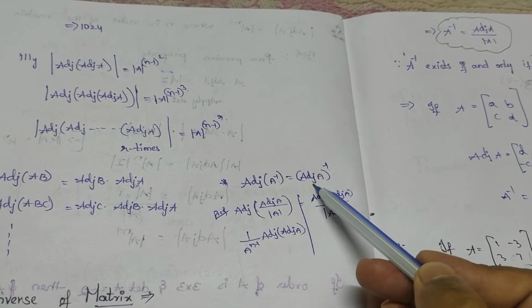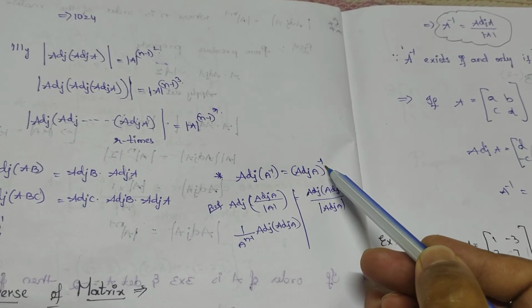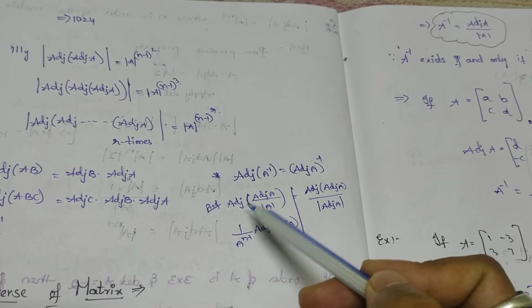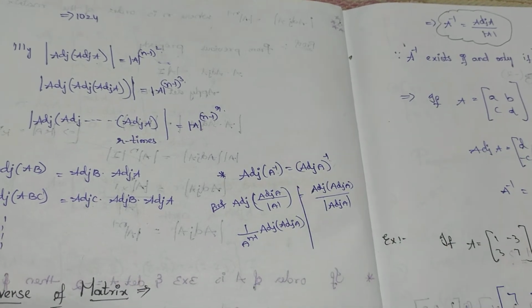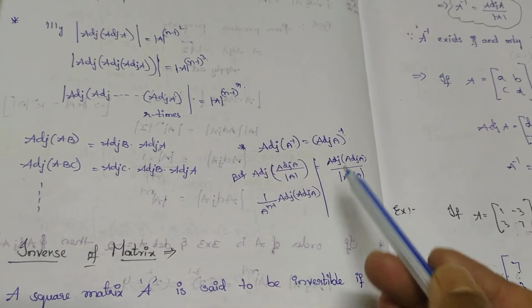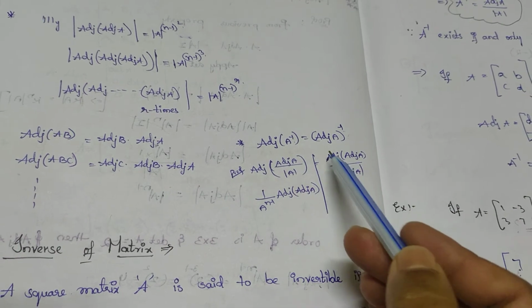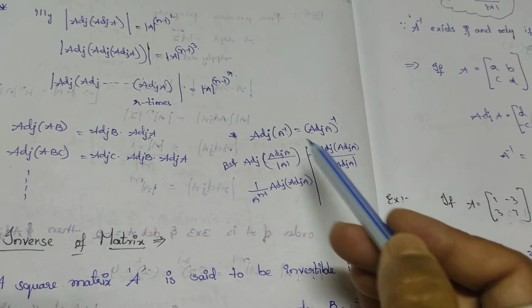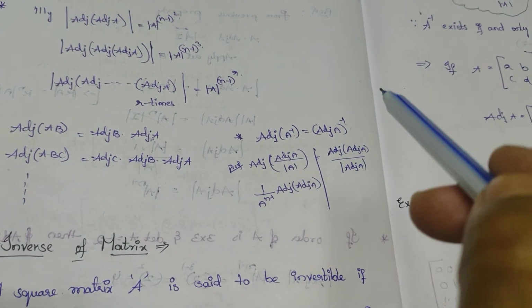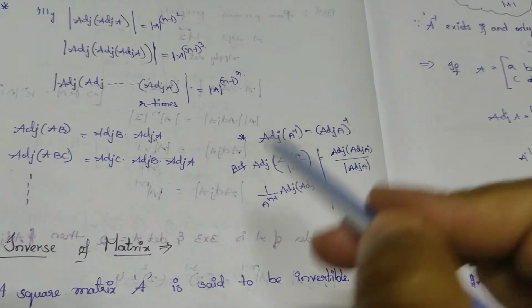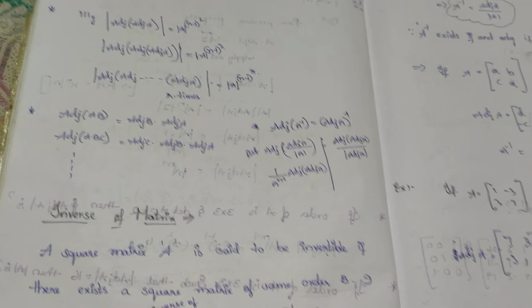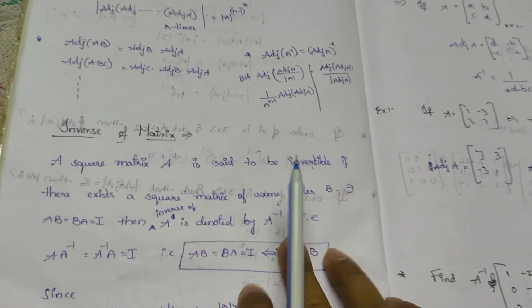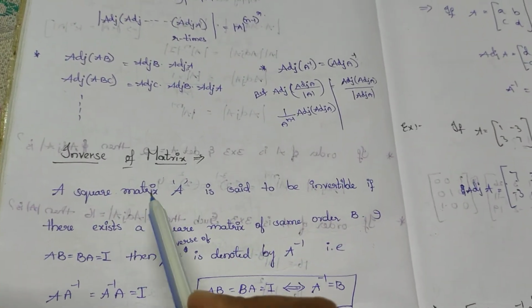Proof: so A inverse, okay, leave it here. This one we will explain later after completion of inverse, because so many concepts are involved in this formula. So first we have to find out what the inverse matrix is. After that we will discuss this one. Okay, so now go to inverse of a matrix.